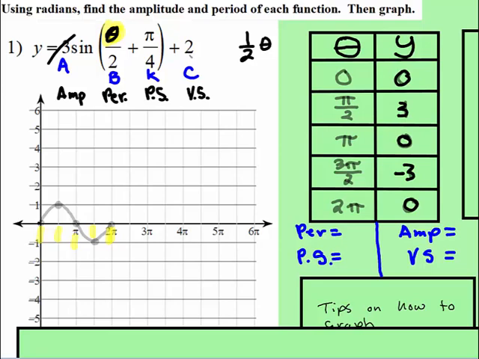This now says add 2. Well, 0 plus 2 is 2. 3 plus 2 is 5. 0 plus 2 is 2. -3 plus 2 is -1. 0 plus 2 is 2.